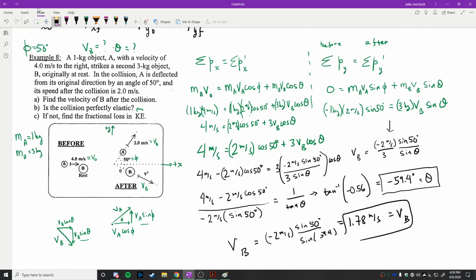This is going to be wrong too. And so is this one. So what I get from that is 29.4. And then down here, this will be -29.4.